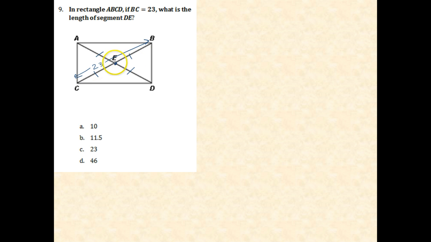They bisect each other, but they're also congruent. So half of 23 is going to be the length of each one of these, EC, ED, or DE. So basically it's just 23 divided by 2, which is 11.5.